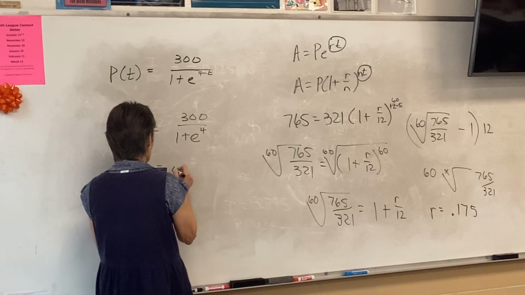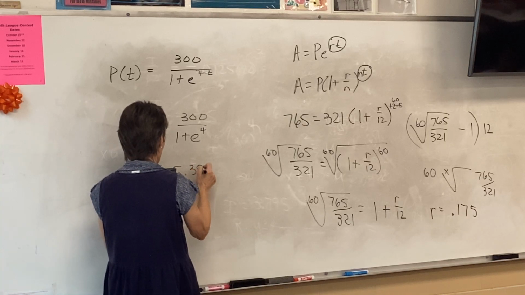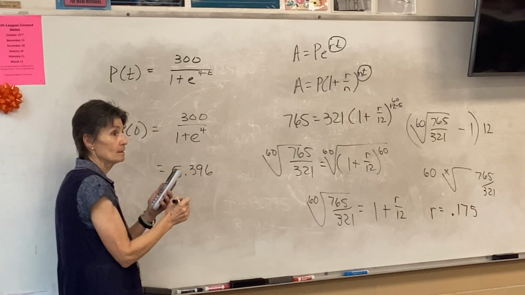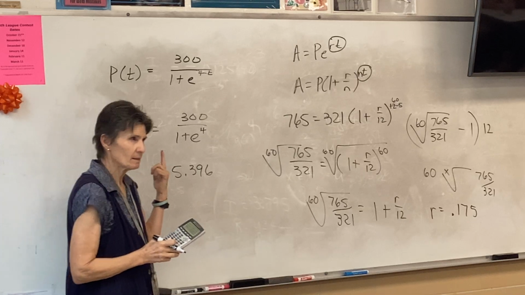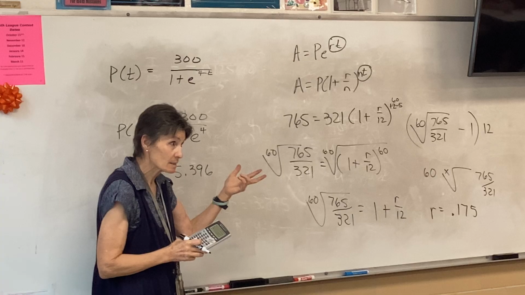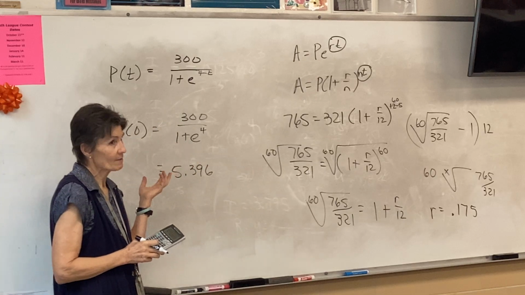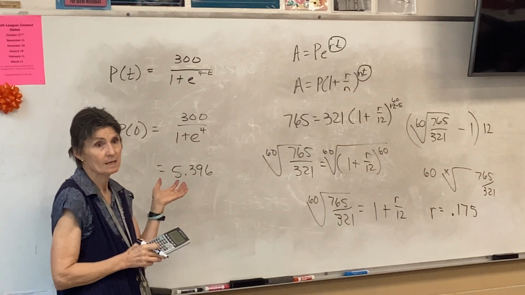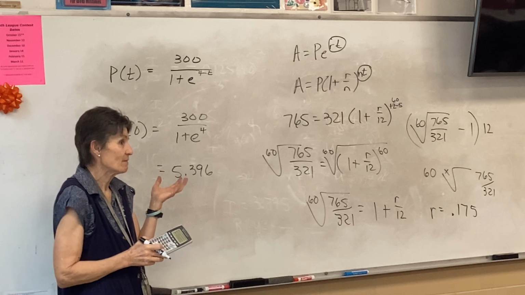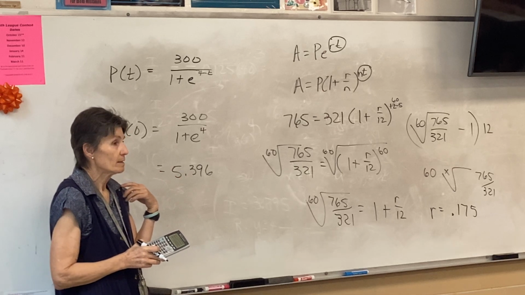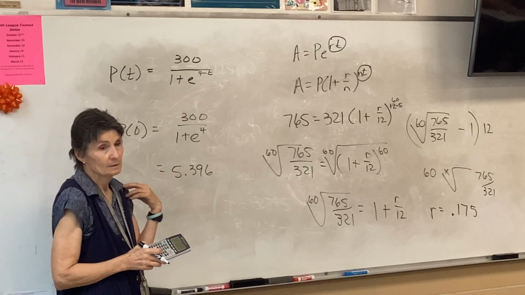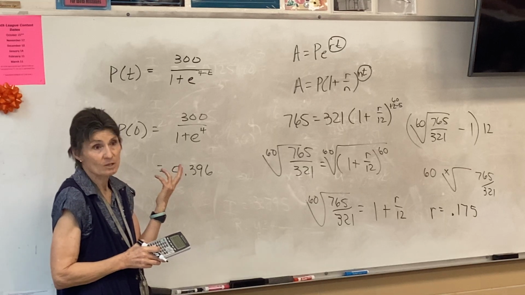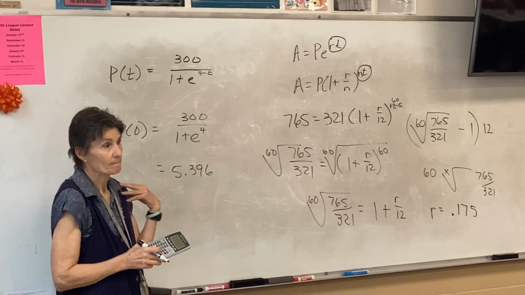I got 5.396. Now, let's keep in mind, what am I finding? The number of kids. So I'm not going to say 5.396. I'm going to say about 5 kids, right? If you want to round up and say 6, okay. That's how many kids were sick at the beginning.